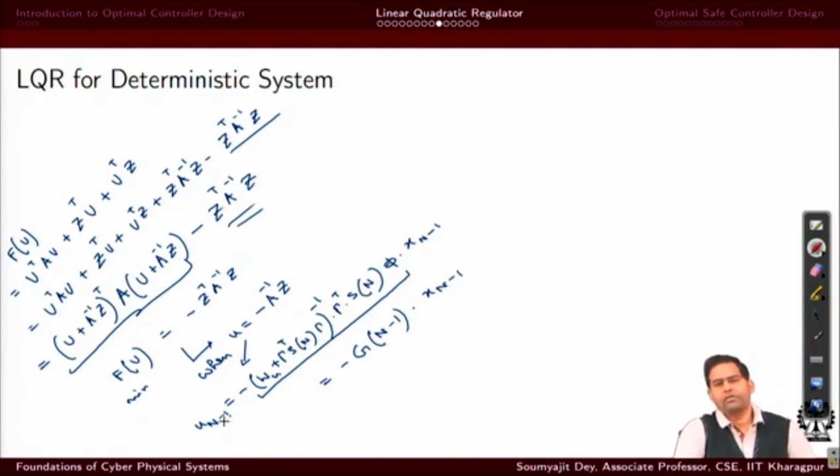Just like we are habituated to a form like u equal to minus kx, you have u n minus 1 equal to minus something times x n minus 1, and in keeping with the step n minus 1, we are writing it as g of n minus 1, the n minus 1th step value of the gain, and the gain value comes up to be this based on our definition here, right. So, this is my gain matrix then.